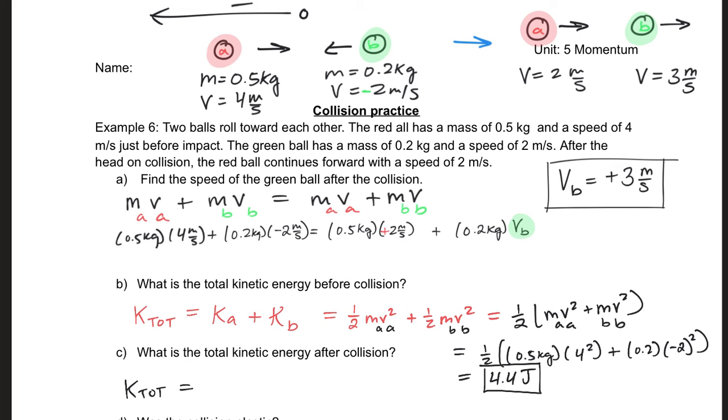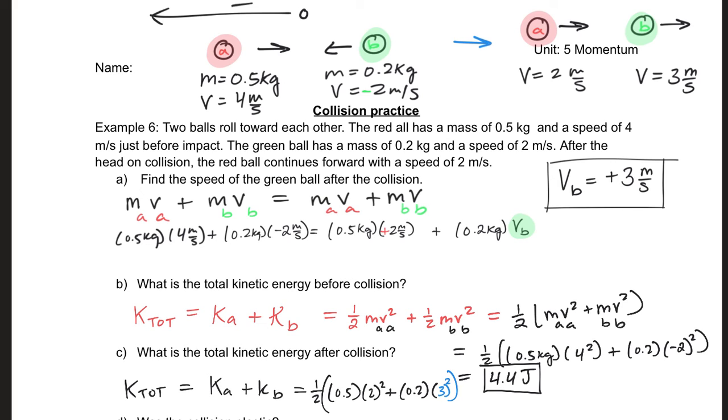So K total is going to be equal to, so this is going to be after collision, so Ka plus Kb, same thing. And then we're going to do 1/2 of 0.5 times velocities after collision, so that's 2 squared, plus 0.2 times 3, which is what we solved for in the last equation.